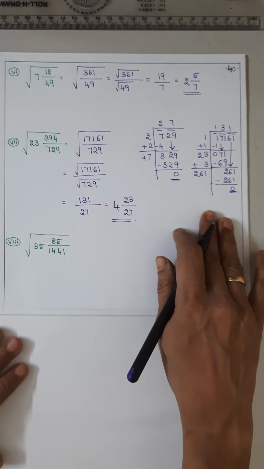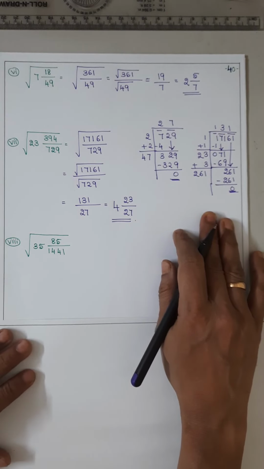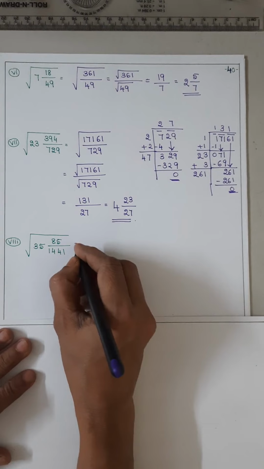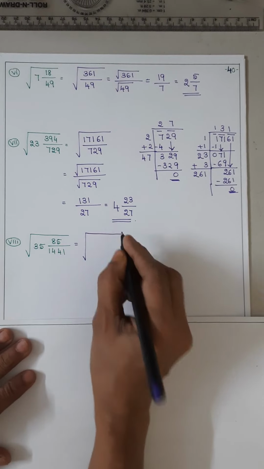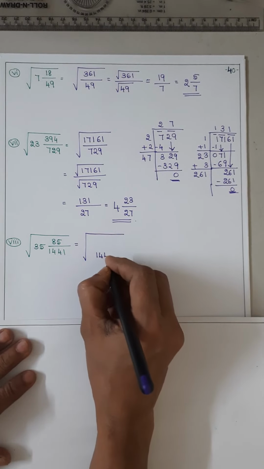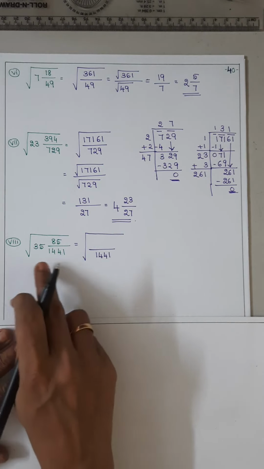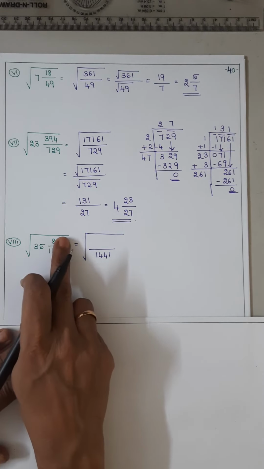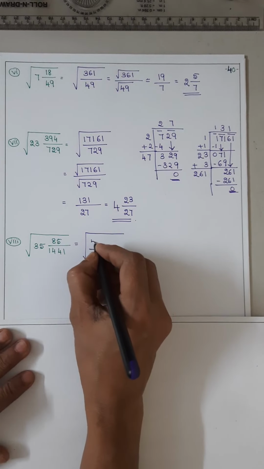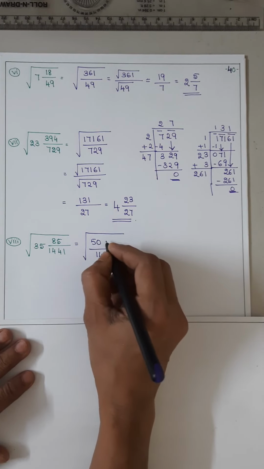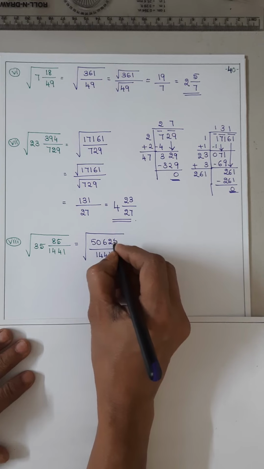Okay. Now coming to the eighth sum, it is a square root of 1441 upon. When you multiply these two and then add, you will get 50625.